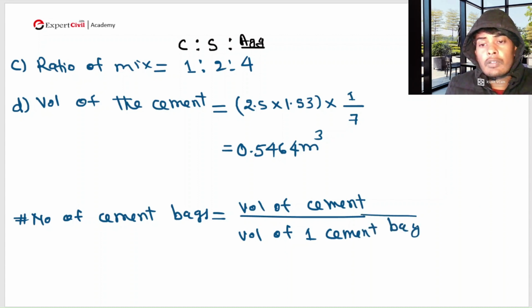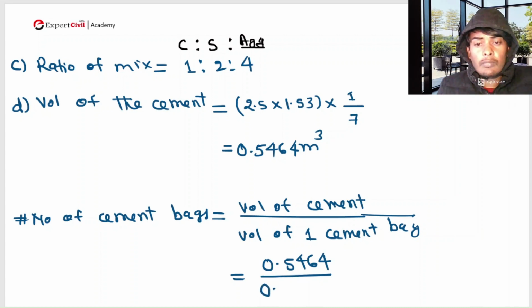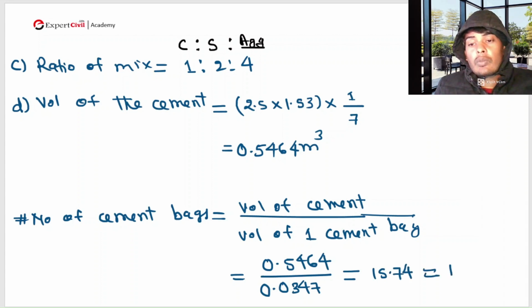Here volume of the cement is 0.5464 meter cube, divided by volume of one cement bag, which is 0.0347 meter cube. So the answer is 15.74 numbers, which is equivalent to 16 bags.